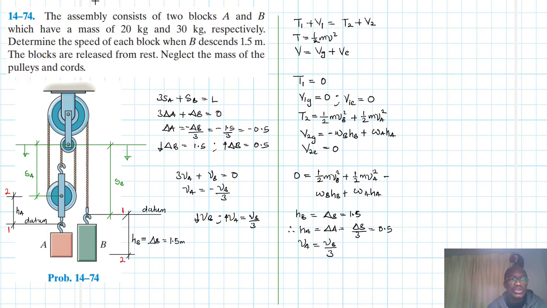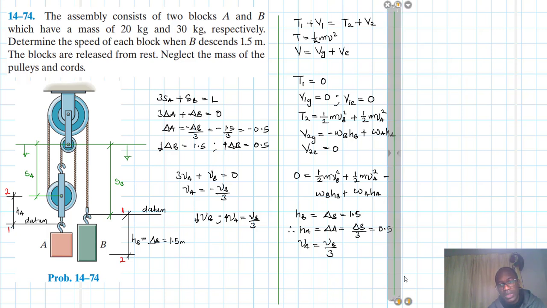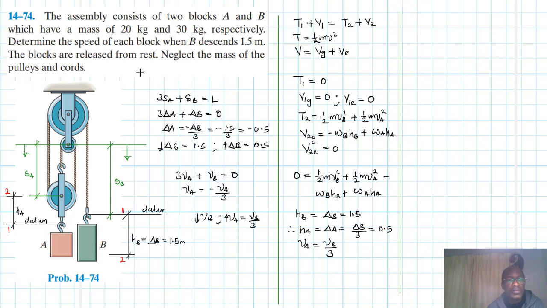So now let's plug these numbers into our equation so that we finalize it. We said 0 is equal to half. What is our M? We have two masses, B and A. B is 30 kg. Then we have VB squared plus half 20 kg VA squared.